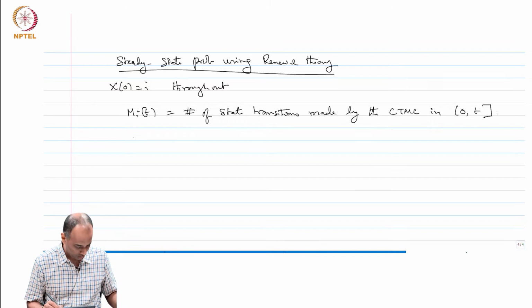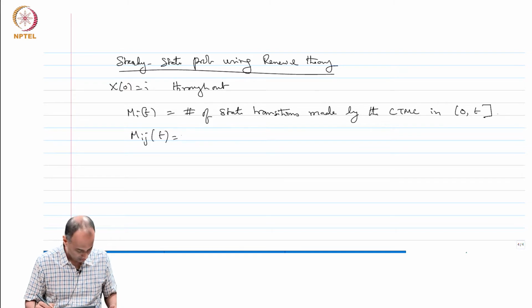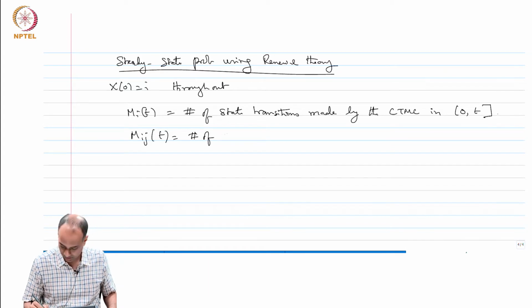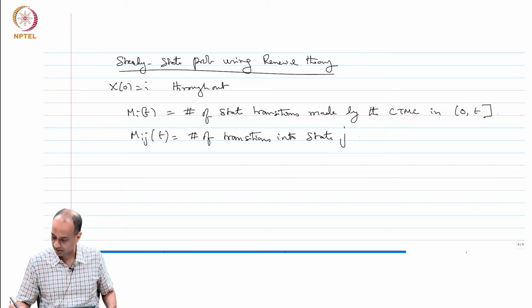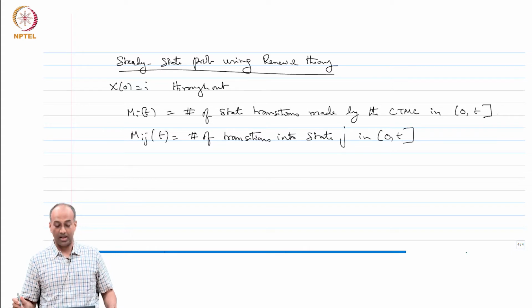And I am going to call Mij(t) the number of transitions into state j in the interval 0 to t, starting in state i.